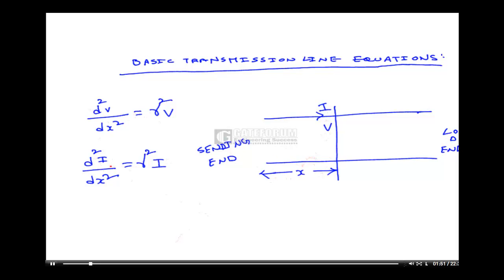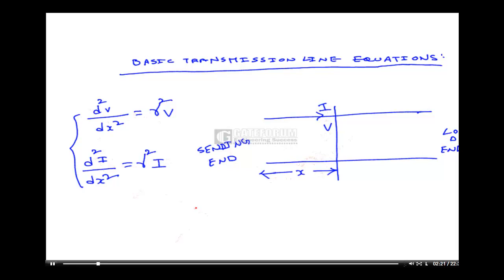If you observe these two equations, these are nothing but second order differential equations. So if you solve these, you can get V and I. That is, you can calculate voltage and current at any point on the transmission line by using these basic equations. These are called the basic equations of a transmission line.